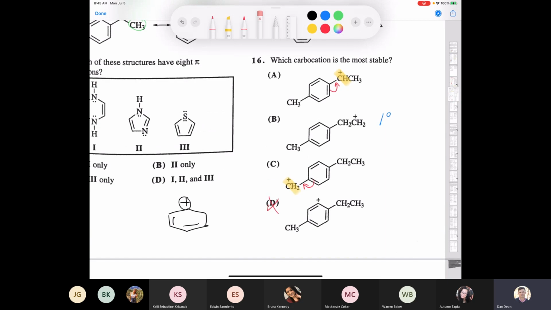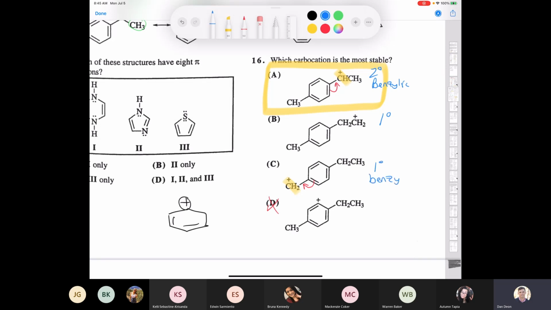Which one of these would be more stable, because they're both benzylic carbocations? And the answer is going to be A, isn't it? Why would it be A? Because not only is it benzylic, it's also secondary. It's benzylic and it's got two carbons attached directly to it. So this is secondary benzylic, and this one over here is only primary benzylic.